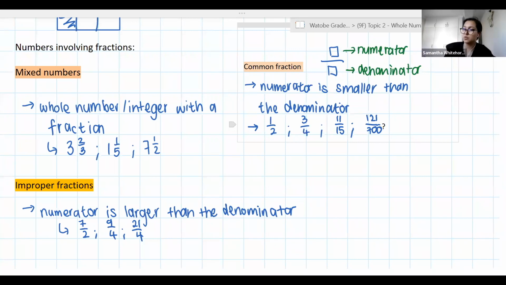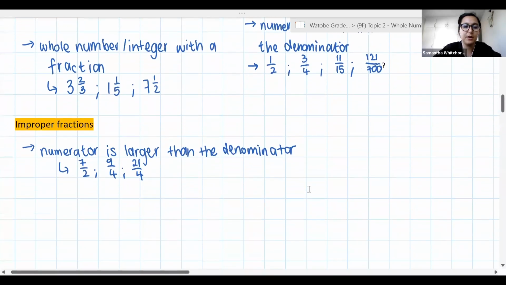Very nicely done to all of those people who were giving us improper fraction definitions in the chat. I saw them all coming through, very nice. Okay, I'm hoping we've all got our screenshots. I'm moving on.